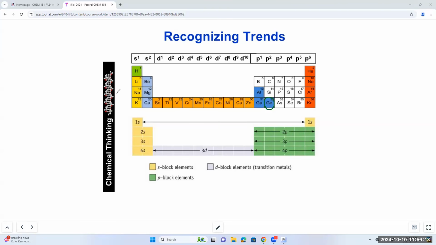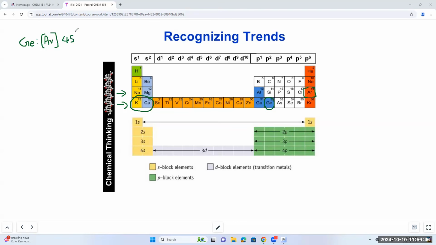To get to germanium, we need to fill up to 1, 2, 3, the third shell. That means germanium should have the argon core shell for sure. So I can write germanium has argon noble gas core shell. And then in the fourth shell, where germanium is in, we have the S subshell completely filled.